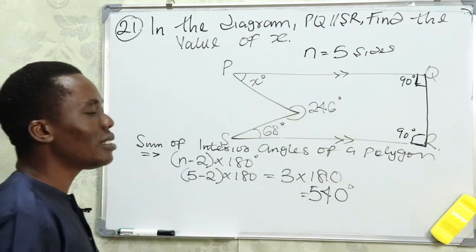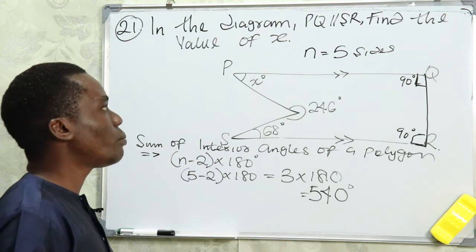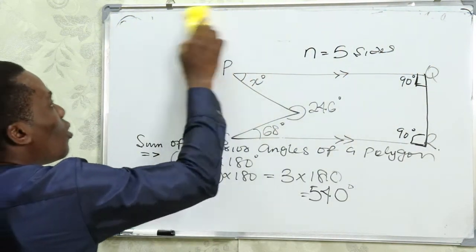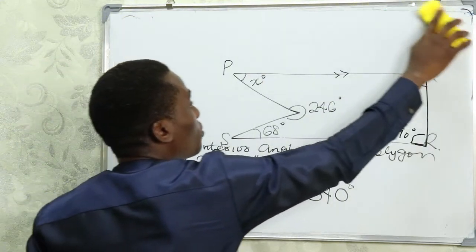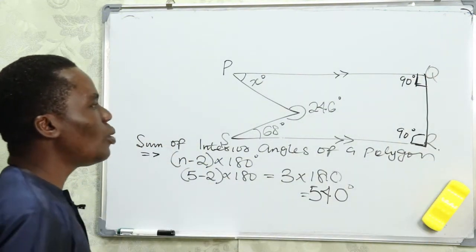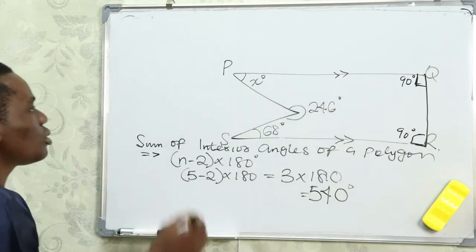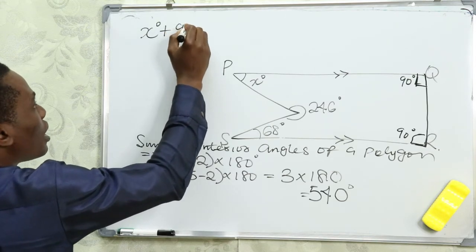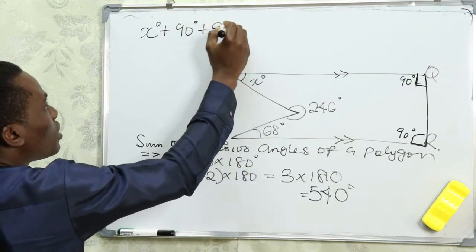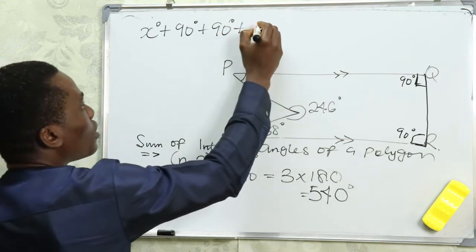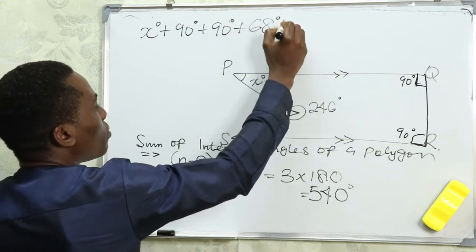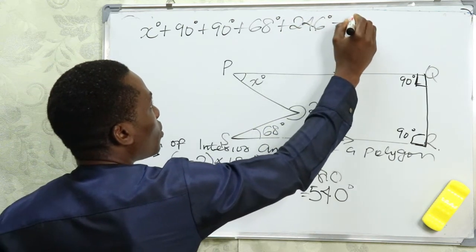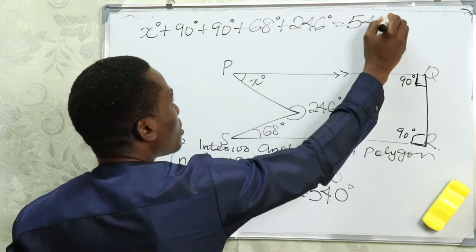So having gotten the sum of the interior angles of this polygon, the next thing we need to do is to find the value of x. Remember, we are asked to look for the value of x. So the sum of all the interior angles will give us x plus 90 degrees plus 90 degrees plus 68 degrees plus 246 degrees, and that will be equal to 540.